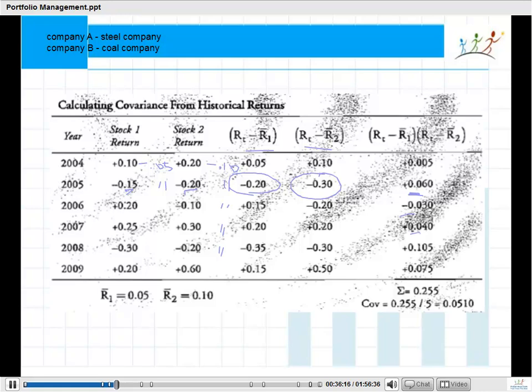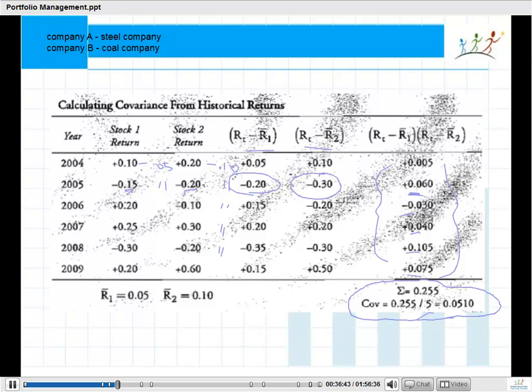So take the product of the deviations and then take the average. That is, sum all these up and divide by n minus 1 because the data is a sample. So the covariance comes out to be 0.0510.